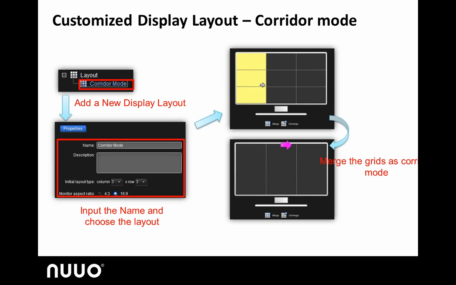So how do you customize for this kind of camera? It's very easy. You just add a new display layout, put a name, and choose the layout like here, and then you merge those three channels into one, and there you will get this kind of corridor mode layout for the corridor camera.